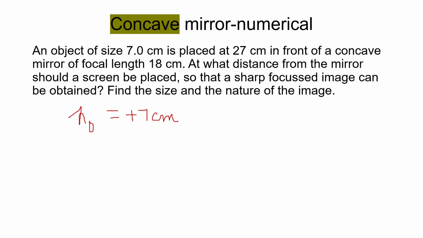Now, it is placed at 27 centimeter in front of a concave mirror. So, this is the object distance, and the object is always kept towards the left side as per your NCERT diagrams, and left side distances are taken as negative. So, U will be minus 27 centimeter.